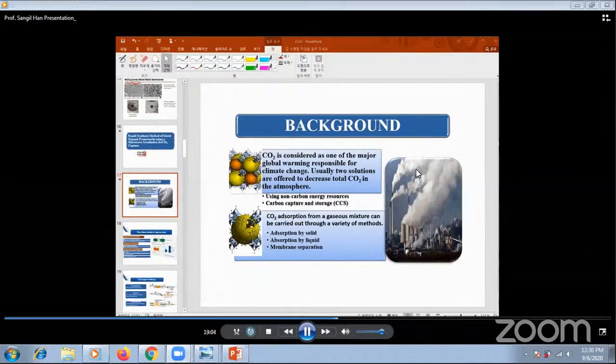There are known mechanisms for CO2 capture. One is absorption by solid, the other one is absorption by liquid, and also there is membrane separation. But in our group, we are focusing on the adsorption method by using solid adsorbents.